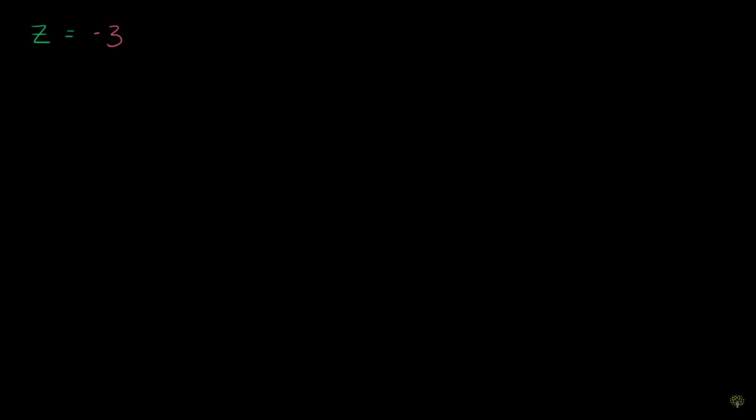Let's say that I have the complex number z, and in rectangular form, we can write it as -3 plus 2i. So first, let's think about where this is on the complex plane. This is our imaginary axis, and that is our real axis.